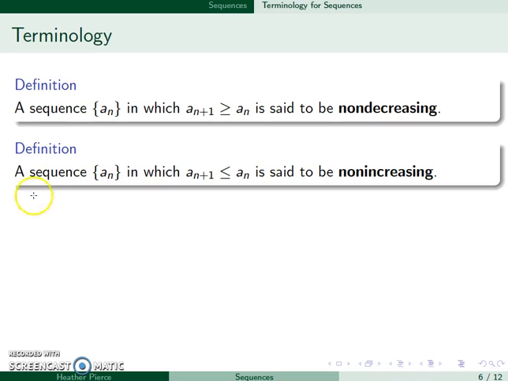We say it's non-increasing when we have the opposite of this. Our terms are getting smaller or staying constant. We have 12, 11, 10, 10, 7, 3. So this is a non-increasing sequence since our terms are either getting smaller or staying constant.